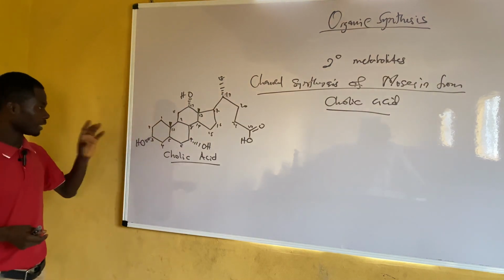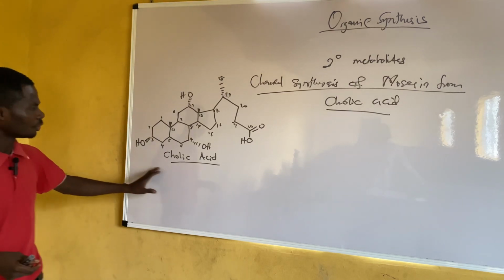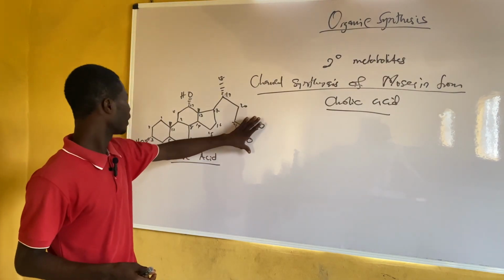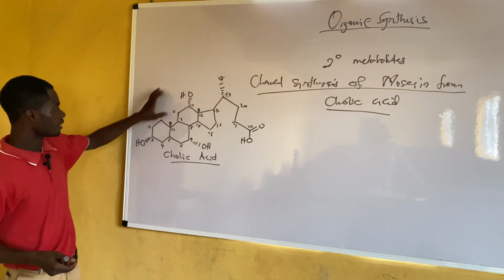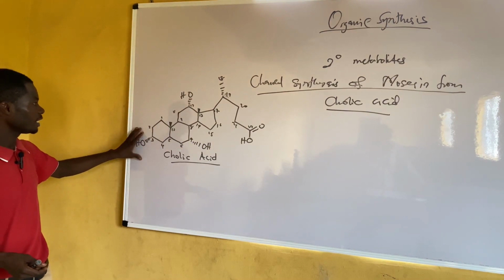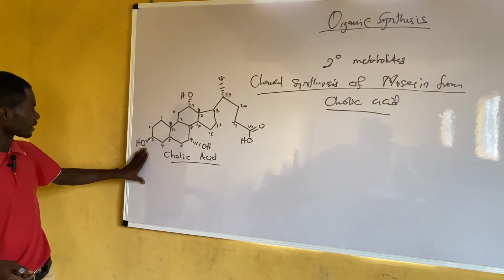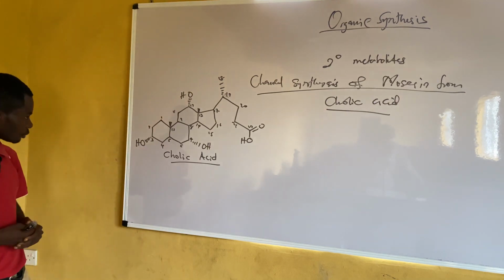So how do we go from here? The very first thing we do is look for a way of acylating these hydroxyl functional groups, because at the end of the day we are going to regenerate each of these hydroxyl groups in our eventual product.